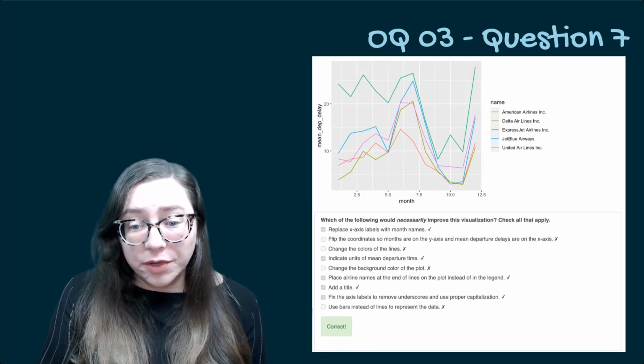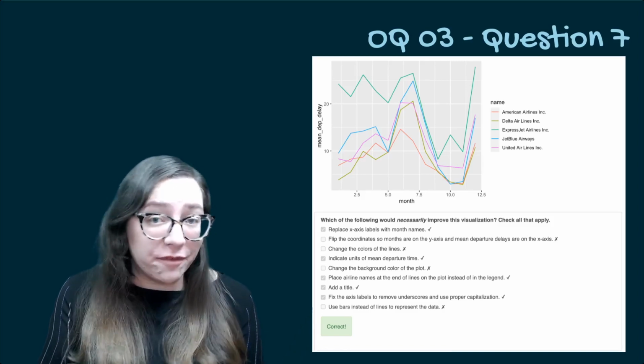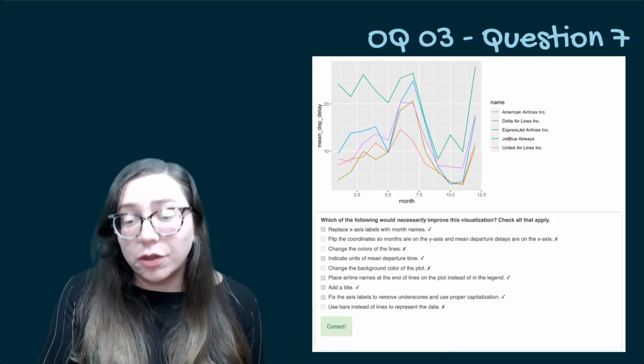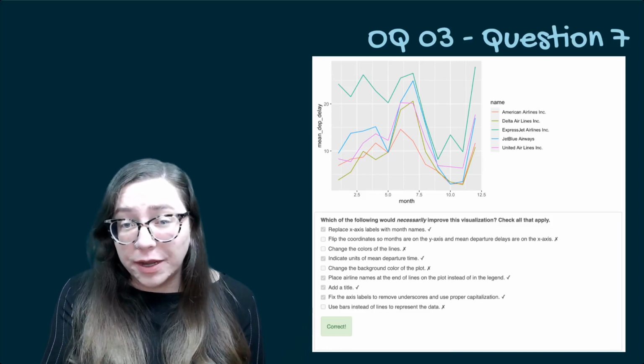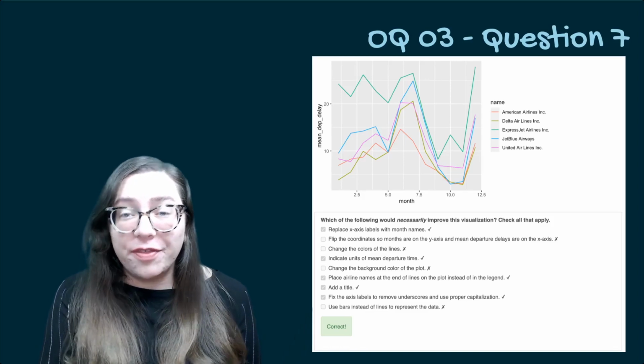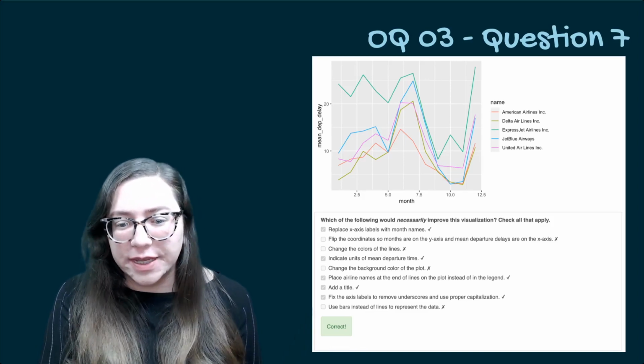Changing the background color of the plot: we've talked about changing themes of our plot. I've mentioned, for example, that theme minimal might sometimes be useful, something with a white background, depending on your audience. But this is more of a personal preference than a definite improvement to a visualization.